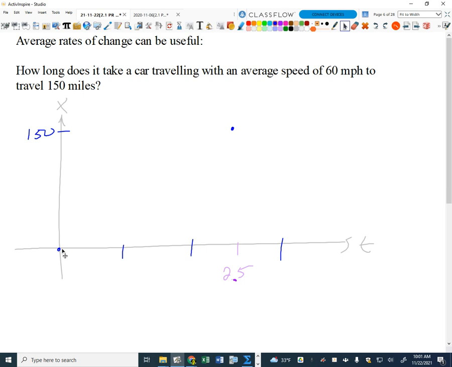It might be that the car is changing speed frequently. Maybe it's doing something like that, where the speed is changing all the time. And if we're looking at a position versus time graph, let's go back to our discussion of kinematics, right? Position versus time is related to the velocity versus time graph through the slope of the function, right?